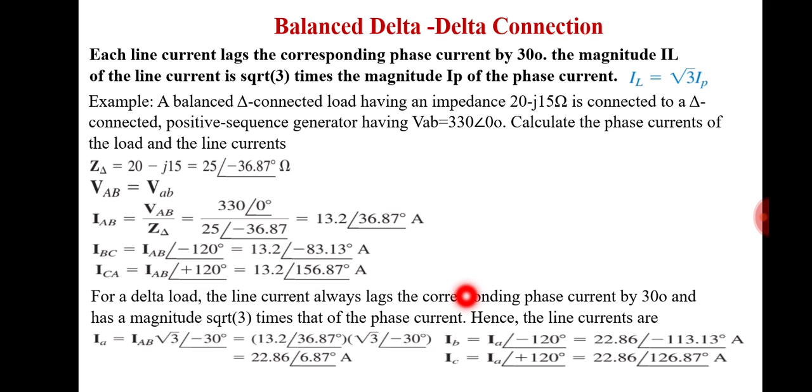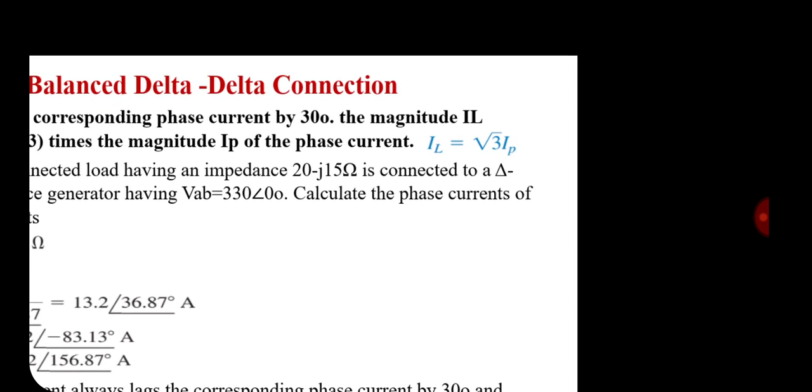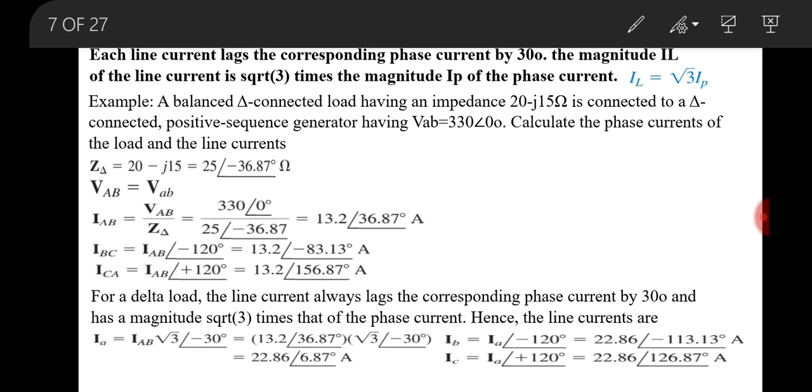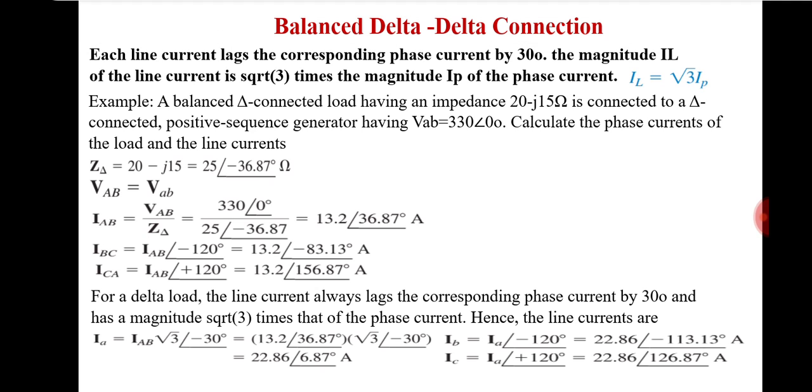Put the value of IA and value becomes 22.86 with angle minus 113.13 degree, and IC is equal to IA with angle plus 120 degrees. So value becomes IC is equal to 22.86 and angle is 126.87 degree.